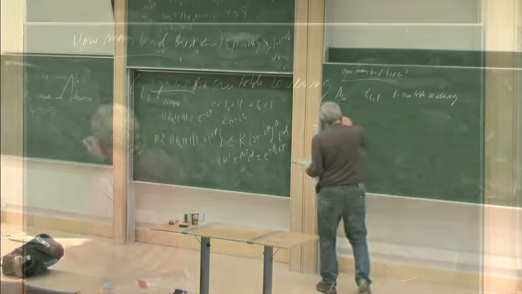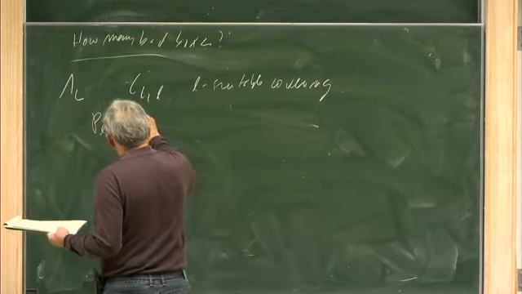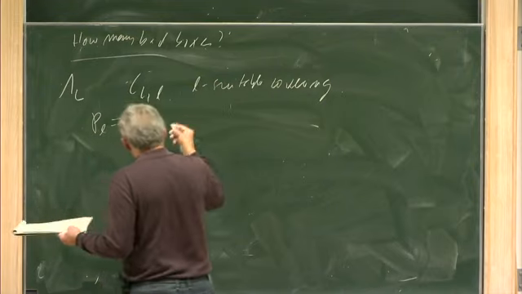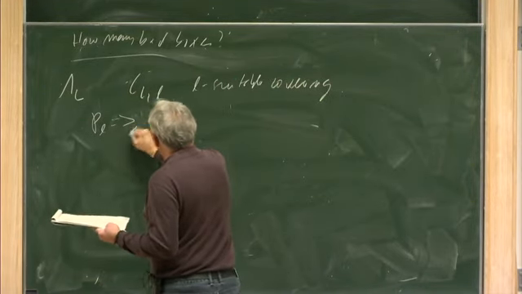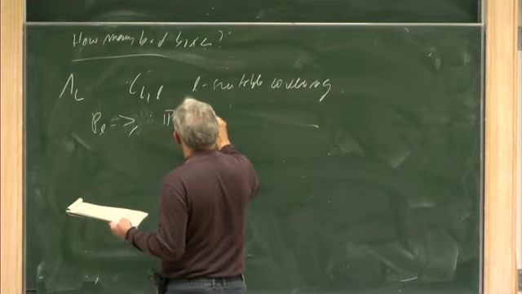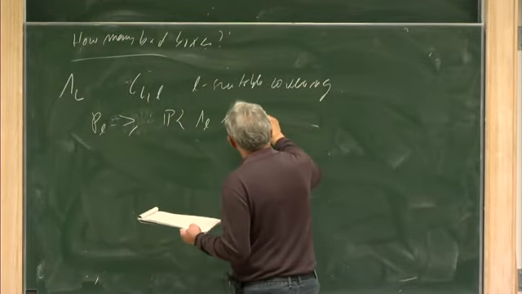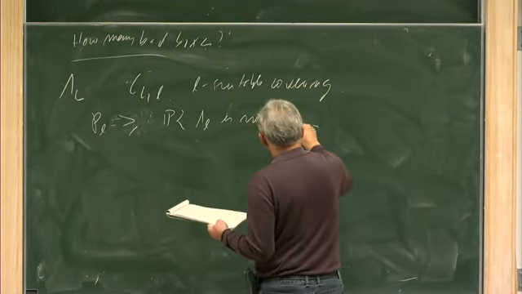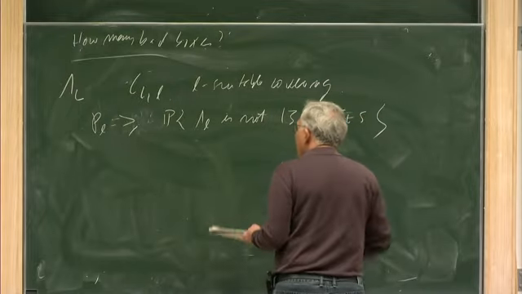Okay, so P_L is a bound on the probability that a box of size L is bad.